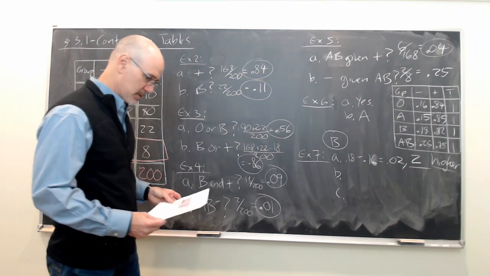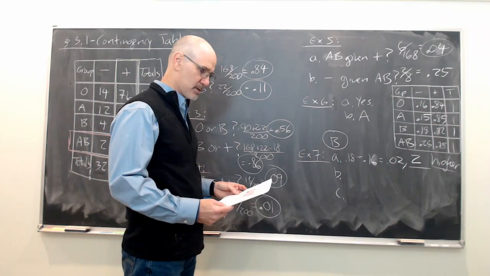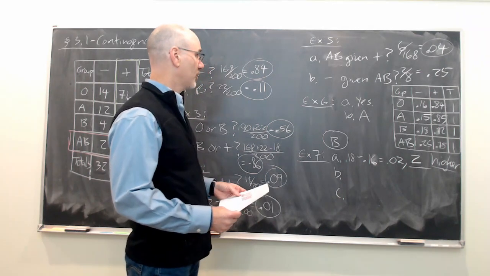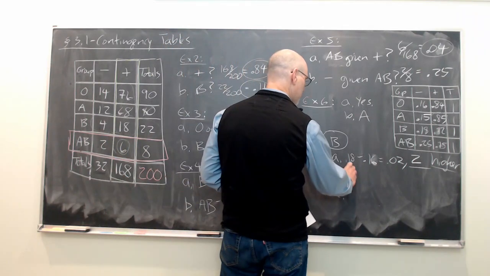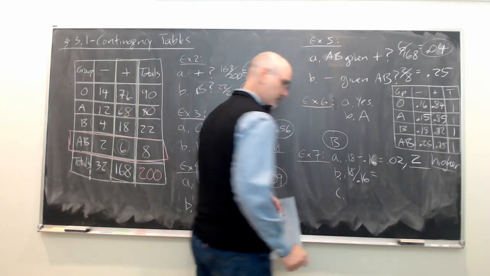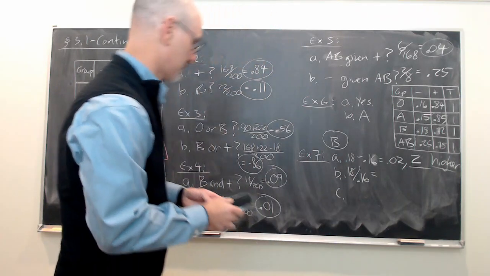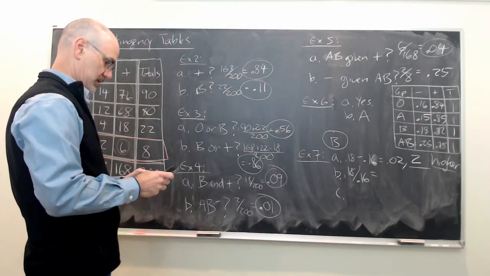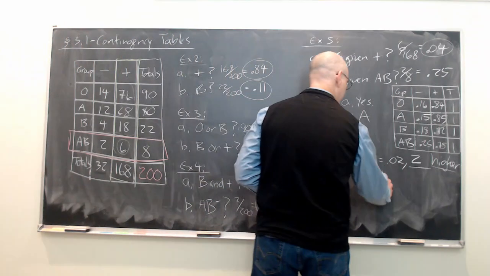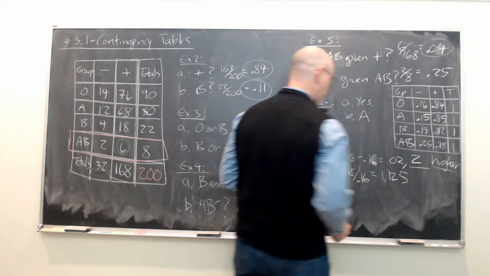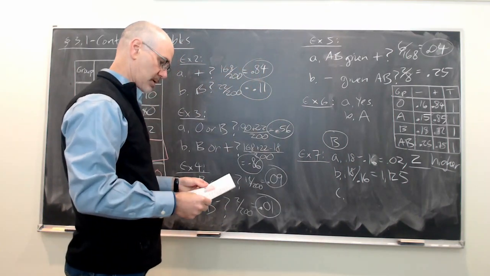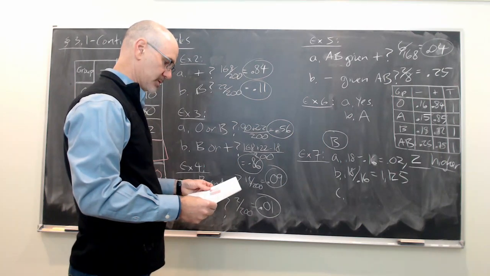All right, B is the proportion of people with blood type B who are negative is how many times the proportion of those blood type O that are negative. So we have the proportion of B negative divided by the proportion of O negative. That 18 divided by 16 is 1.125. So that's our ratio of the proportions.